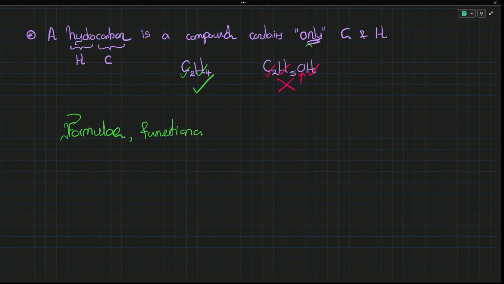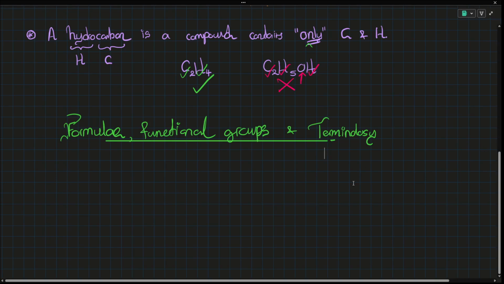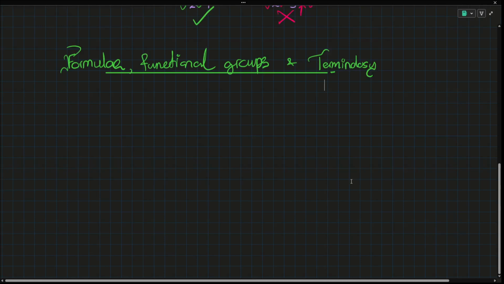And then we'll be talking about functional groups and terminology. Now, don't worry, that's not something that's hard. Terminology is simply the extended word for terms. So, in organic chemistry, apart from physical and inorganic chemistry, we have certain specific terms that we use. We'll simply be talking about those terms, that's all.